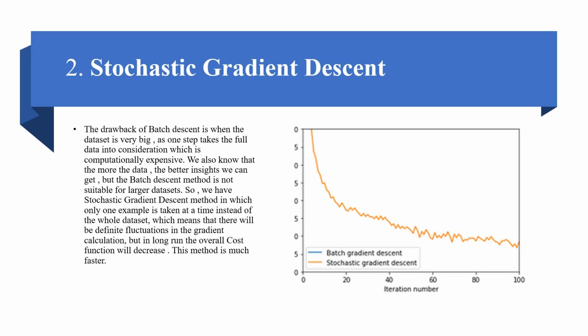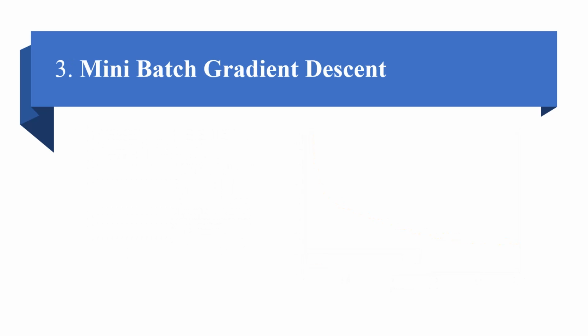This means that it would go faster, but there would be more fluctuations, because if I take one iteration at a time, it would say go in the positive direction, and then some other iteration tells me to go in the negative direction. So it would actually fluctuate a lot. But overall, in the long run, the cost function will definitely decrease, and this method is definitely faster.